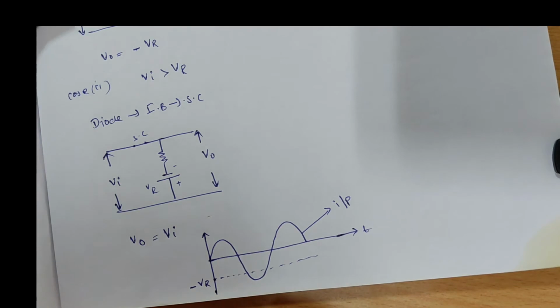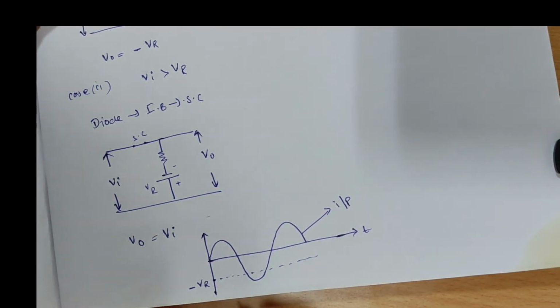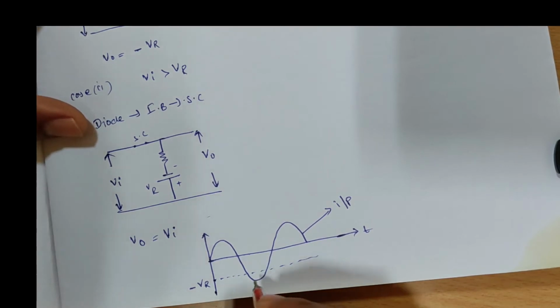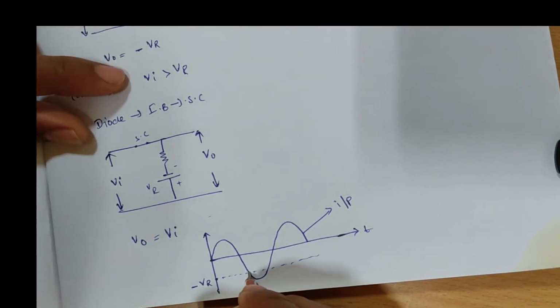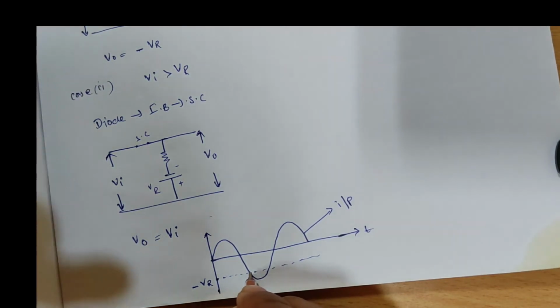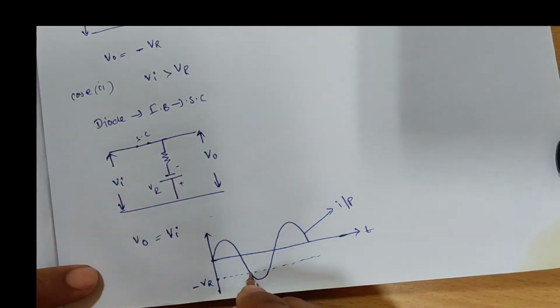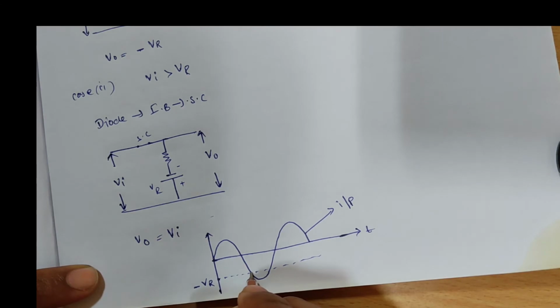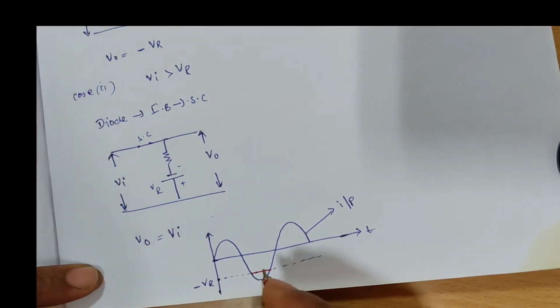First case, when Vi is less than VR, that means below the VR level, this part. What could be the output? V0 equals minus VR. So below the VR level, it is equal to minus VR only, so we will not get output.